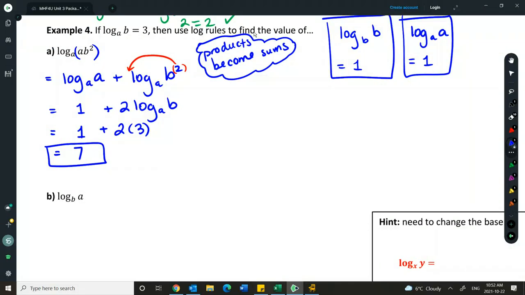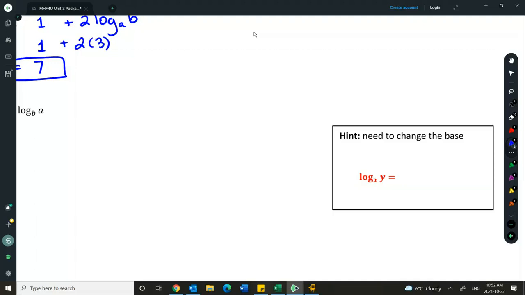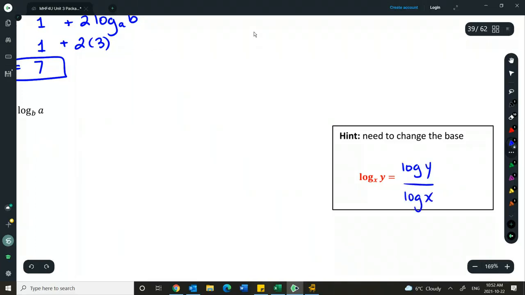Okay, last one. We know log base a of b is 3. Then we're given log base b of a. These aren't equal to the same thing, right? So just to remind you guys, Keaton had an idea in the previous question to use change of base formula, and I just want to remind you what that is. When we use change of base formula, log base x of y can be log of y over log of x.